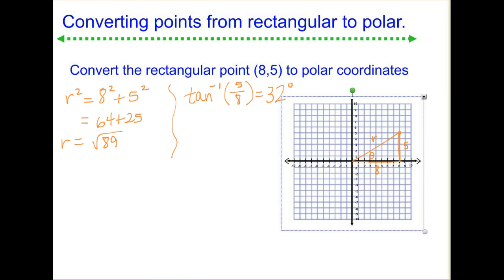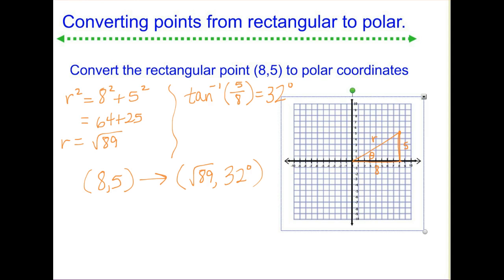So now I can write that this rectangular point, 8, 5, is the same spot in space as the square root of 89, comma 32 degrees.